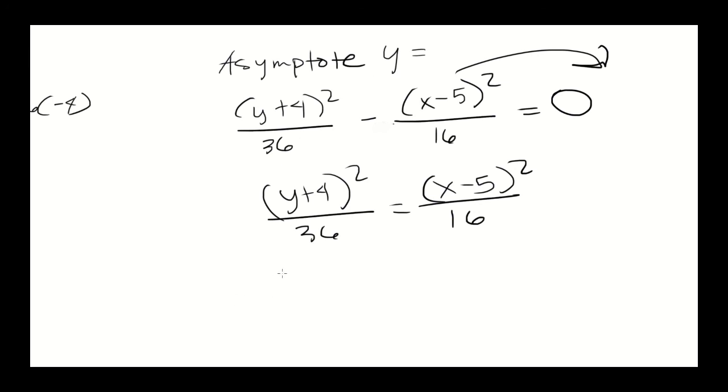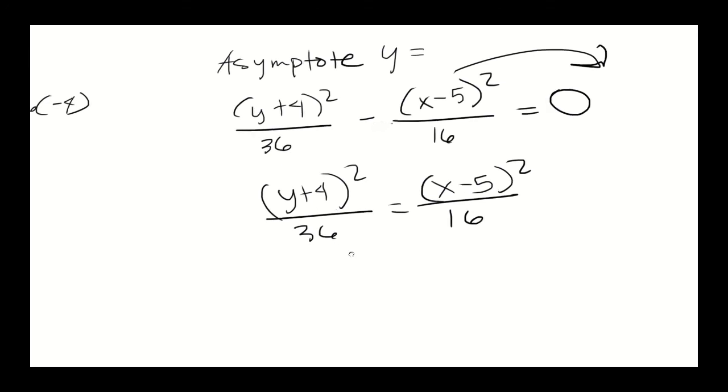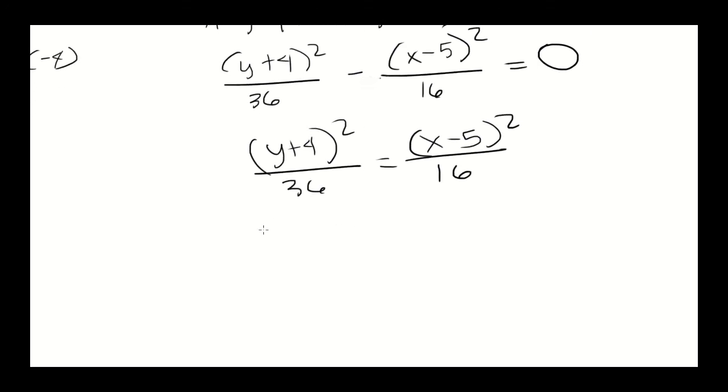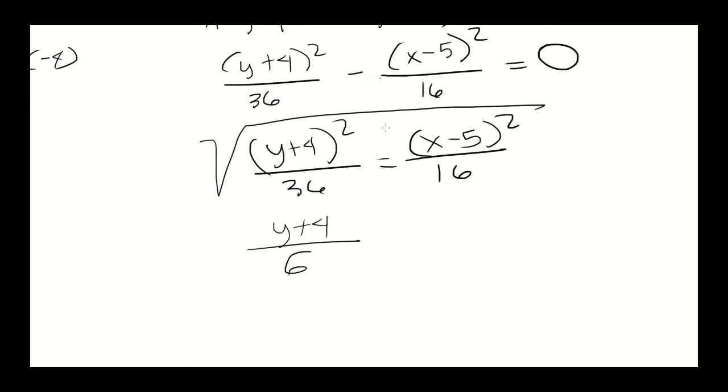Okay, so now first we take the square root of all of it. So y plus 4 over the square root of 36, which is 6, is equal to x minus 5 over 4.